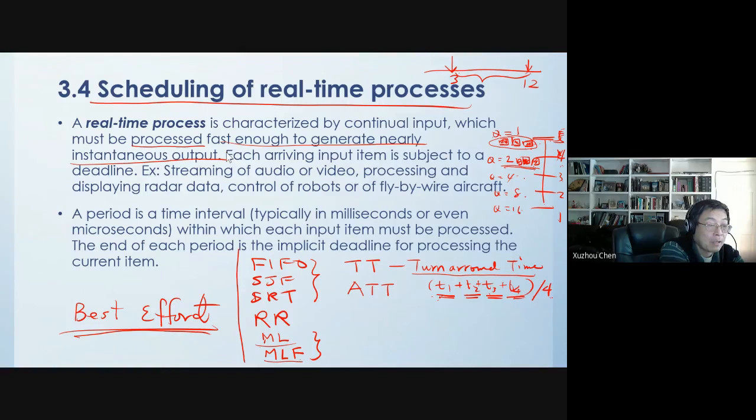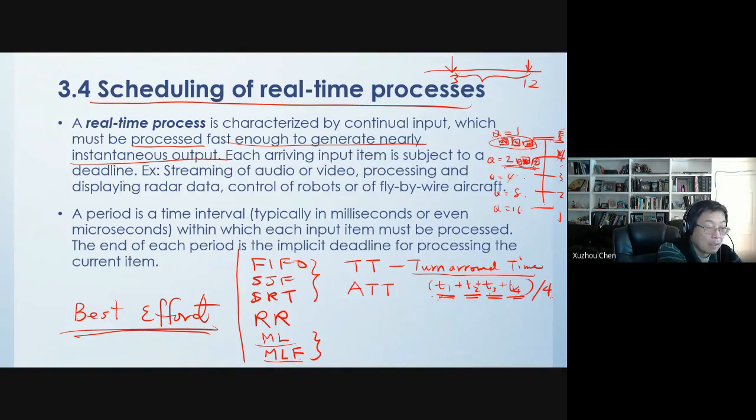If the process is a real-time process, then once it's created, there's a time limit, which means you have to execute the process and finish it before a certain time. So this is a real-time process. Each arrival of input items is subject to a deadline.